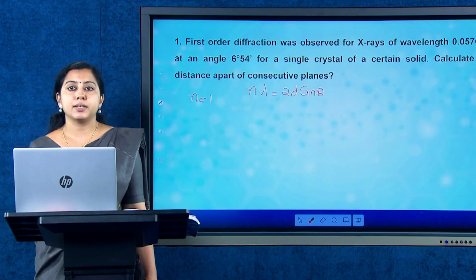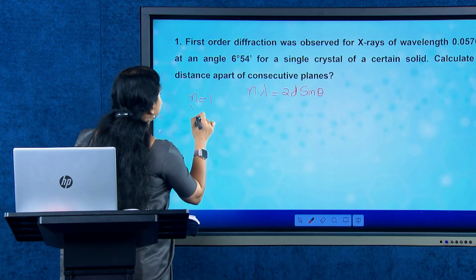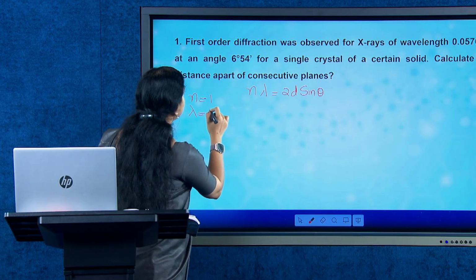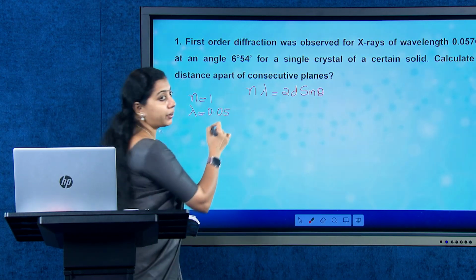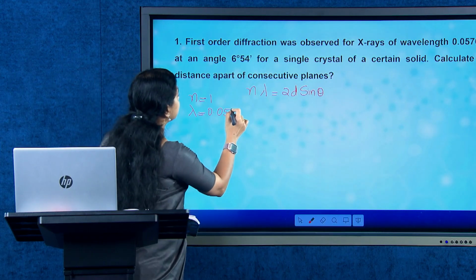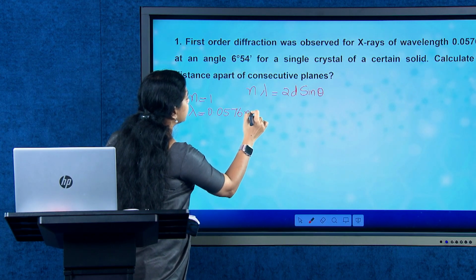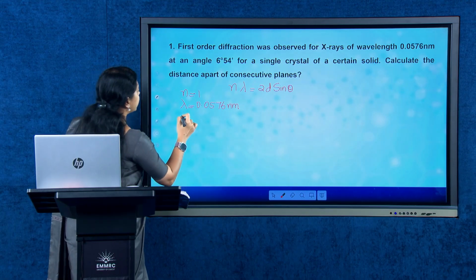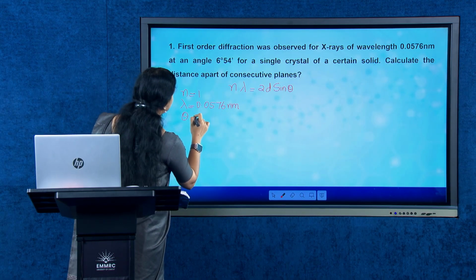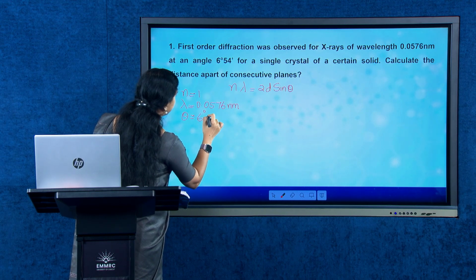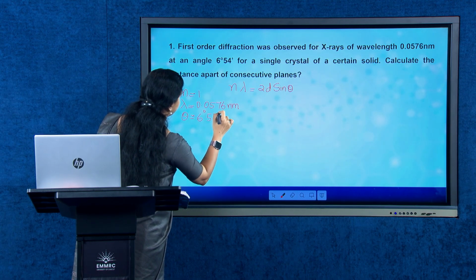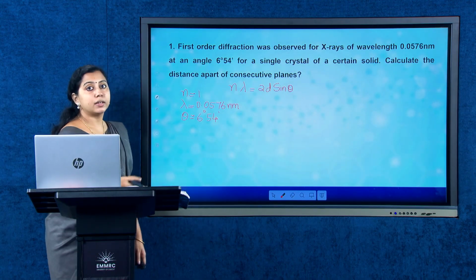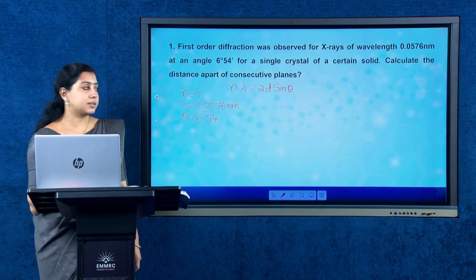The wavelength of the X-rays is given, that is the value of lambda, lambda is equal to 0.0576 nanometers. The angle theta is given, theta is equal to 6 degree 54 minutes. All these values are given and now we have to find out the distance.